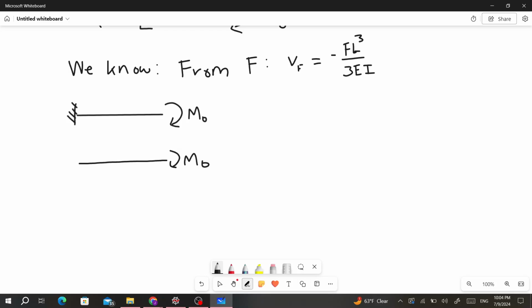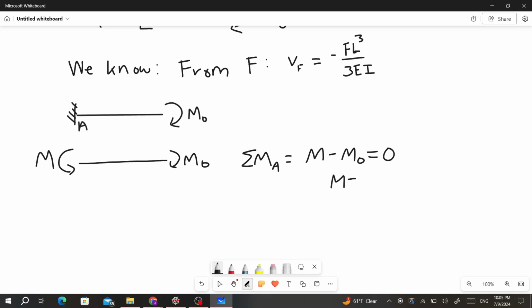Okay, so if we have a free body diagram, we have our beam, we have a moment applied on this end, that means we have a reaction moment m on the other end. You can see just by inspection, but we'll do it formally. If we sum the moments about, we'll call this point A again over here, then we're going to have that m minus m0 equals 0 and m equals m0.